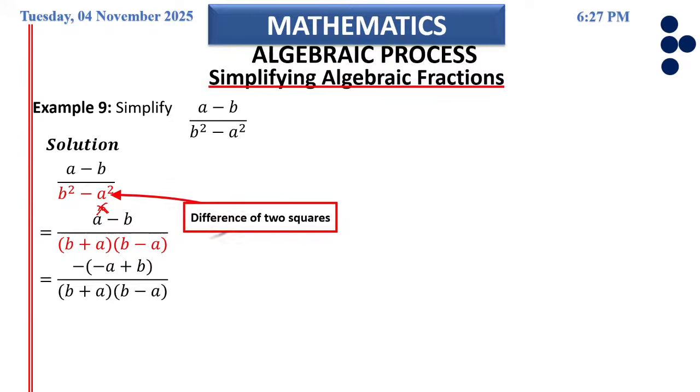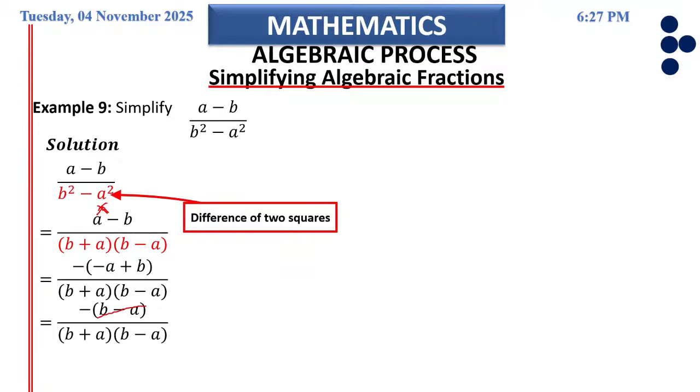If I bring minus outside, factorize out minus 1, either way you call it, you're still correct. You agree with me that minus times minus here will give you the plus a back, and minus times plus b will give you minus b back. So I can now rewrite this as b minus a. It's the same thing as minus a plus b.